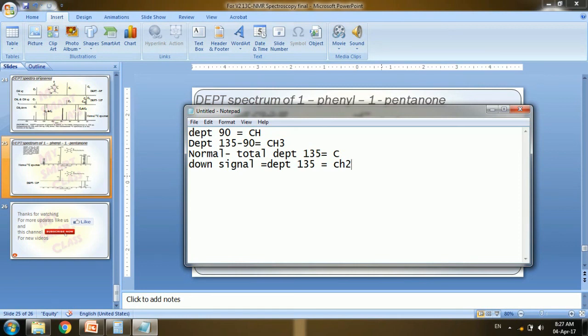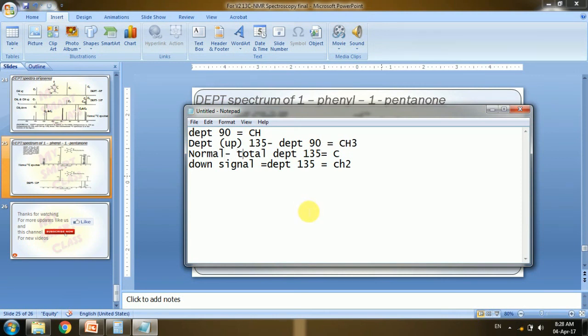DEPT 90 gives only CH. The difference of the upward signal of DEPT 135 and DEPT 90: be clear, in this case we are looking only at the up signal, not the downward signal. So the up signal of DEPT 135 minus the signal of DEPT 90 will give you the number of methyl groups, how many methyl are present.